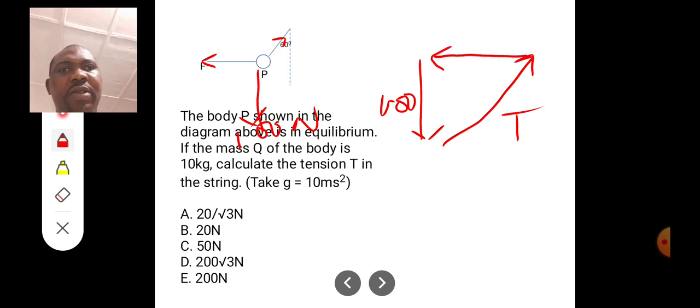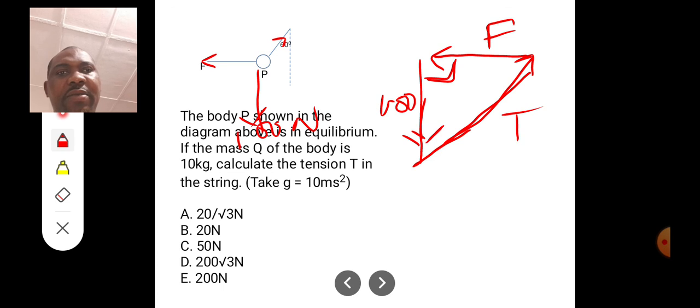So the angle between the weight and the force is 90 degrees. So here is 90 degrees. And this is the force F. We are looking at T. The angle of 60 degrees is the angle the tension makes with the vertical. This is the tension, this is the vertical. So the angle between them here is 60 degrees. You see how I do this?